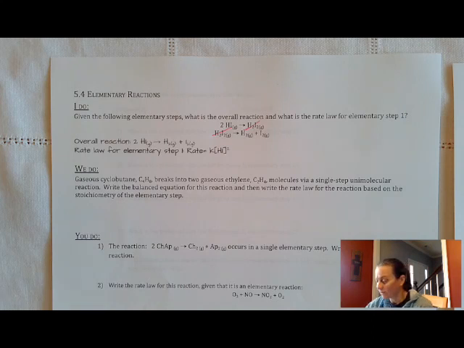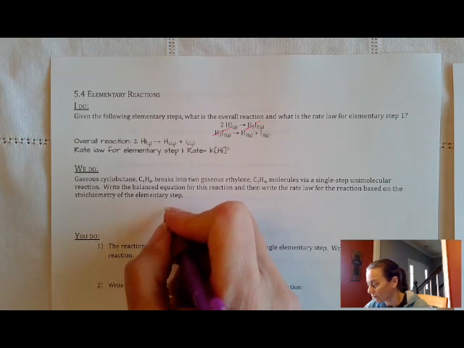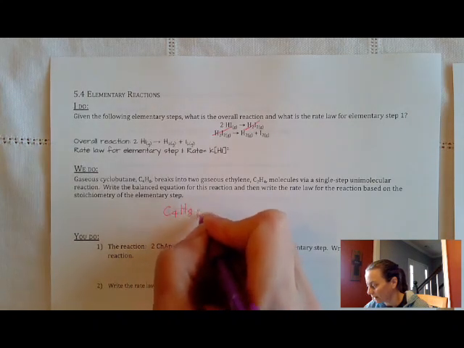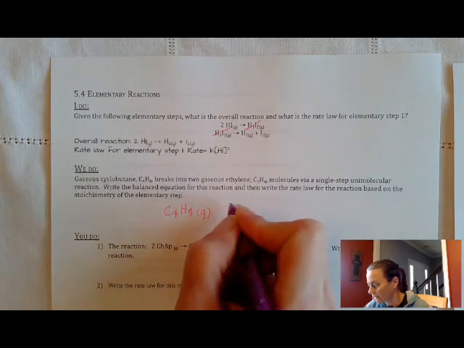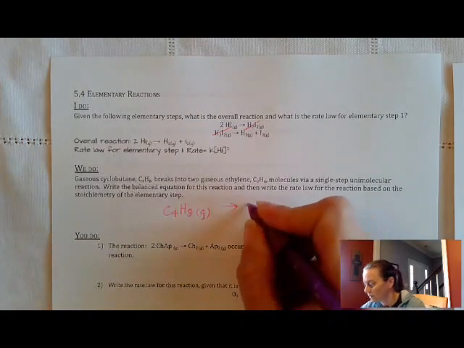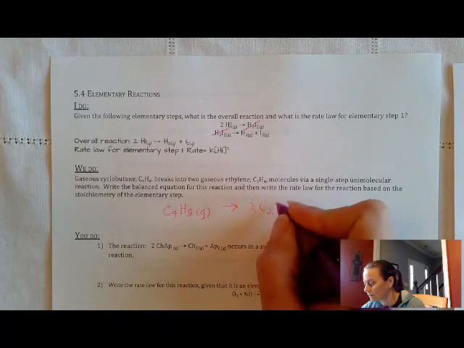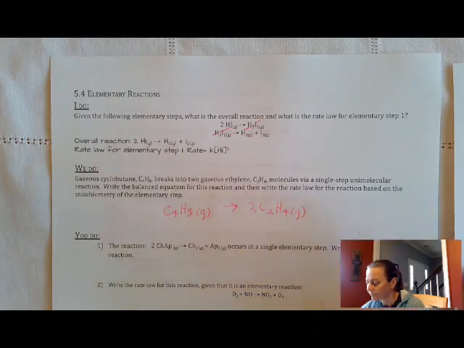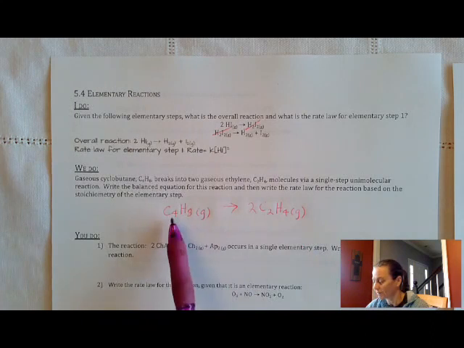So first thing I'm going to do is write down the gaseous cyclobutane, C4H8. Gas breaks down into 2 gaseous ethylene molecules, C2H4, and that's also a gas. So that's our balanced equation, and now we're going to write the rate law based on the stoichiometry of this elementary step.